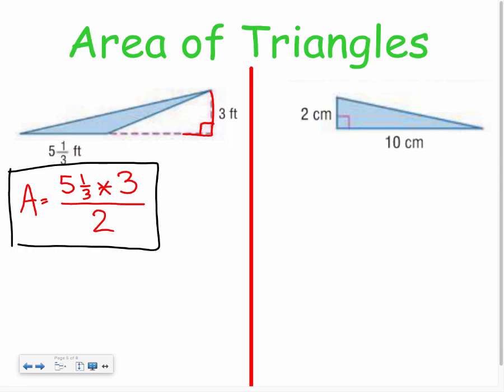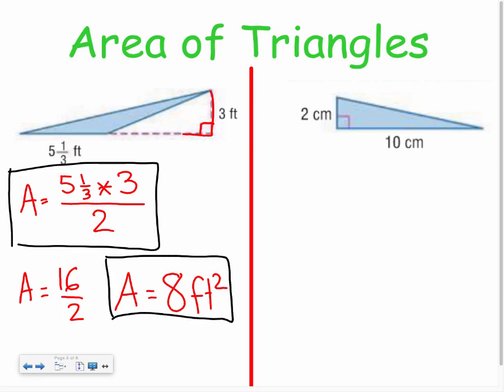So we have 5 1/3 times 3, which gives us 16 divided by 2, giving us an area of 8 feet squared. Again, area always has square units. So the two things that you would have to write down on your homework are the initial formula and the final answer. If you want to write down this intermediate step, you can, but you do not have to.